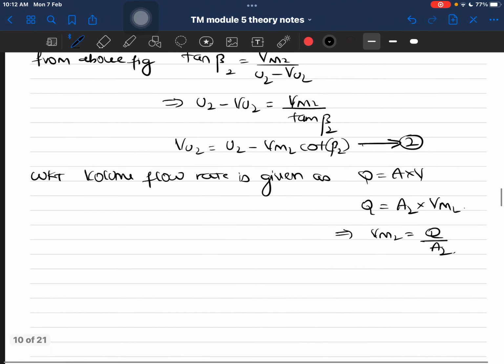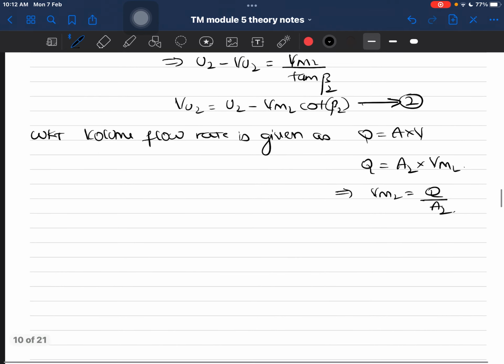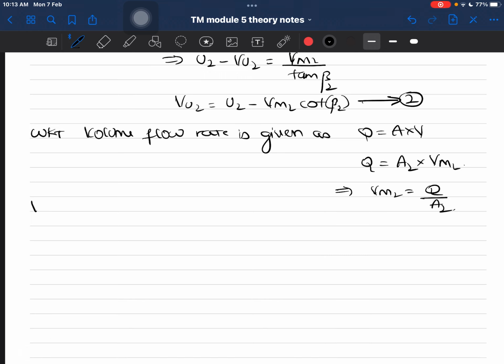Okay. Now, so from this, substituting there, Vu2 is equal to U2 minus of Vm2, which is Q divided by A2, cot beta 2.